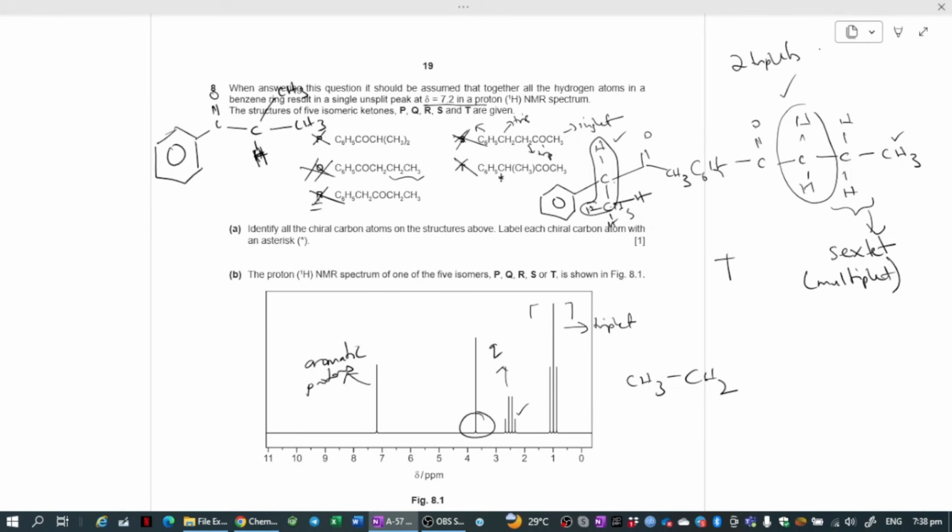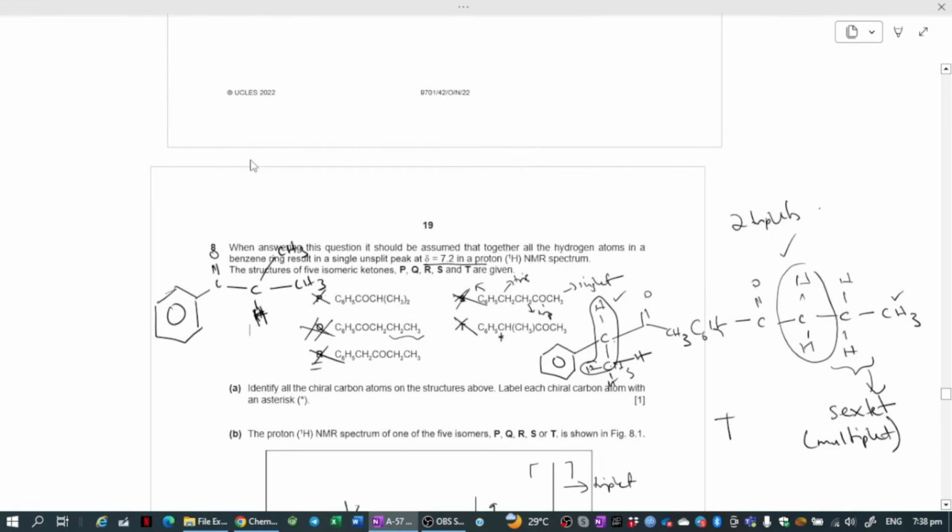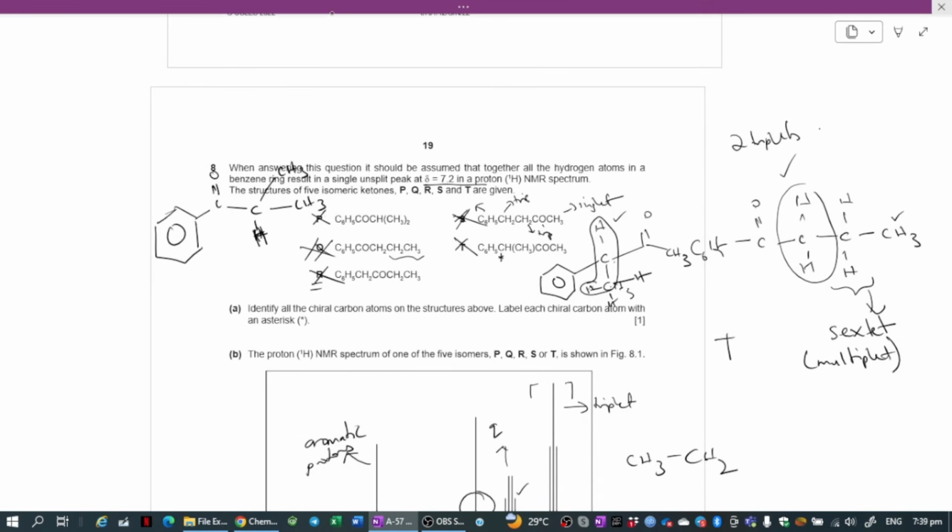They are equivalent protons. So let me just redraw P a little more clearly. So we have the benzene ring, C double bond O, CH, CH3, CH3. So what will happen is that these methyl groups will couple with this proton to give a doublet.